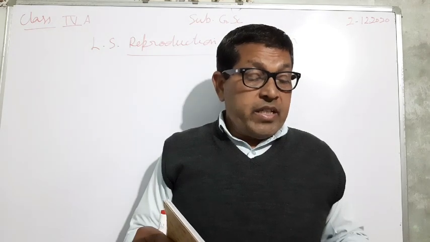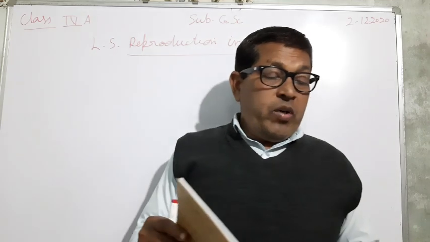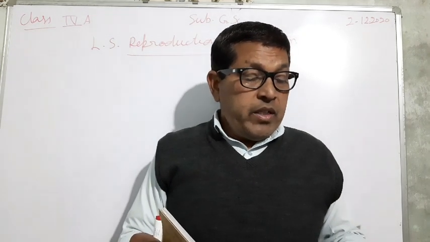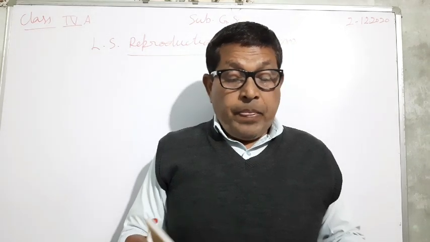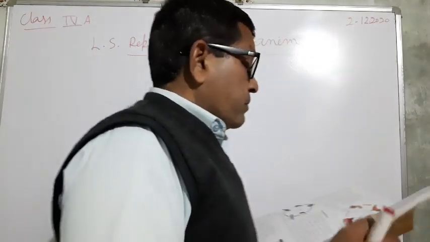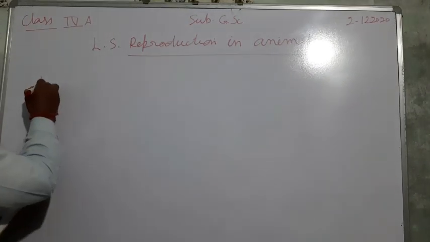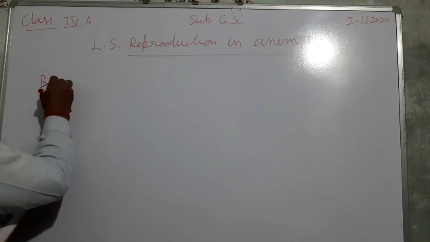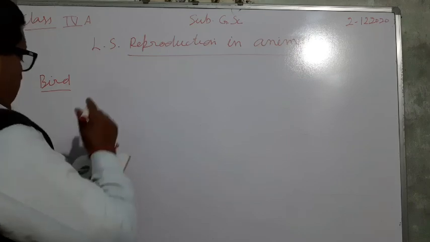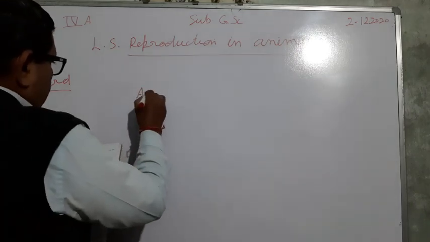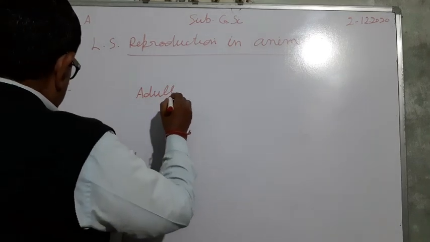The different stages of development from an embryo to a mature adult are known as the life cycle. As in the case of the bird, the life cycle is given: first, the adult hen.